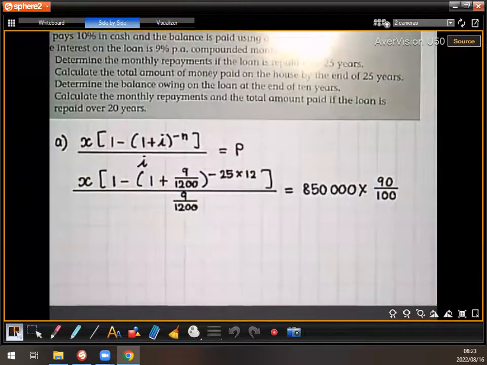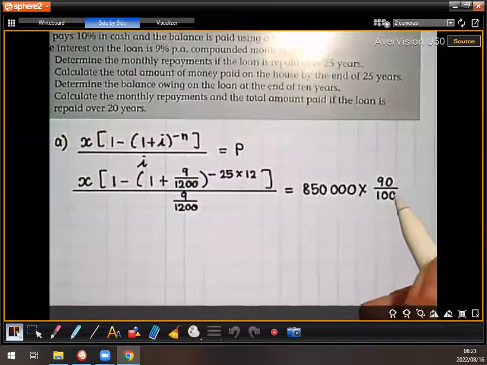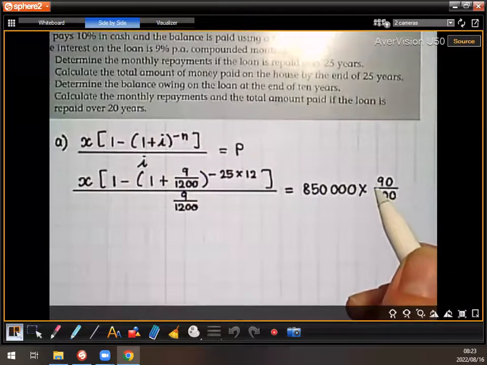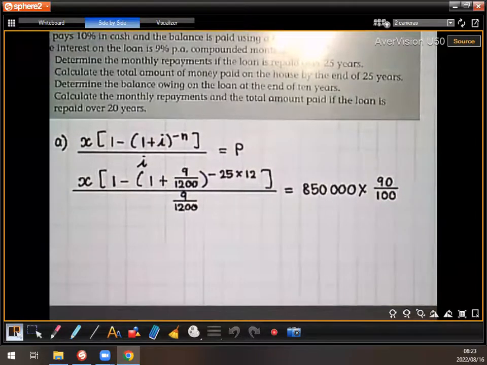We could have calculated that first in a separate line, loan equals that times 90%, or deposit equals this times 10% and then minus it. I'm just trying to show you the shortest possible way.